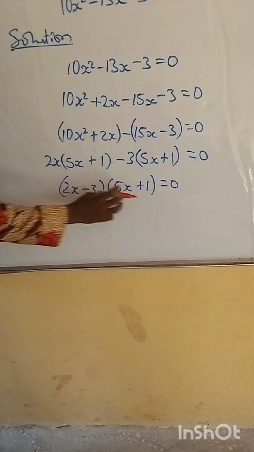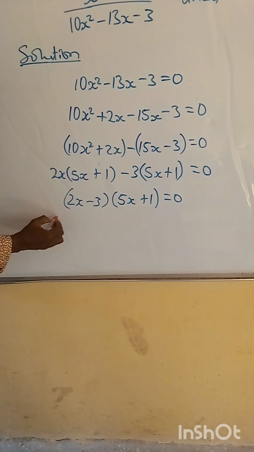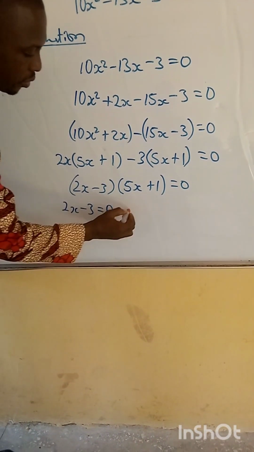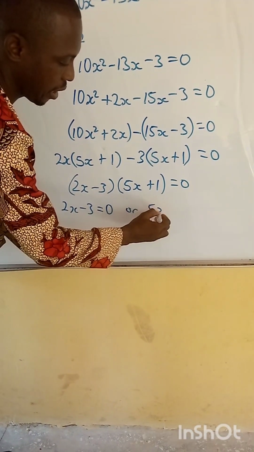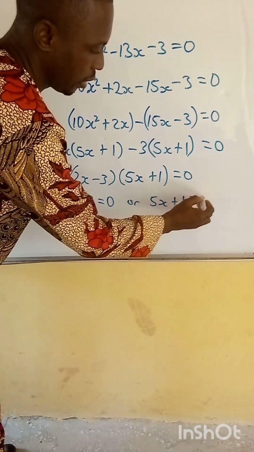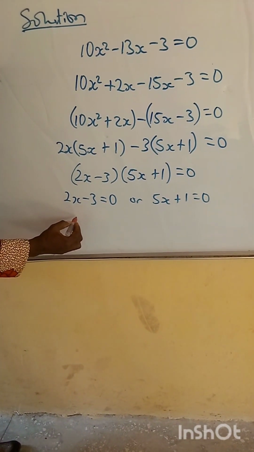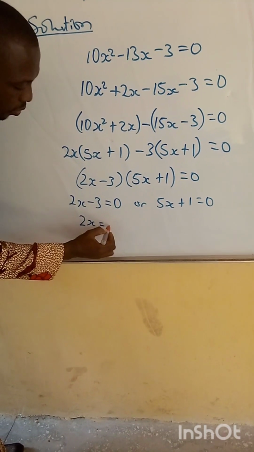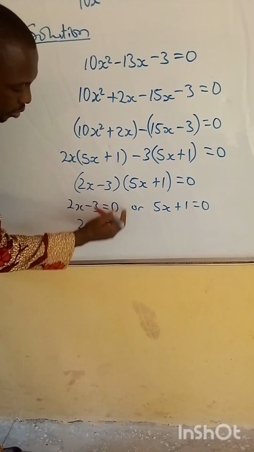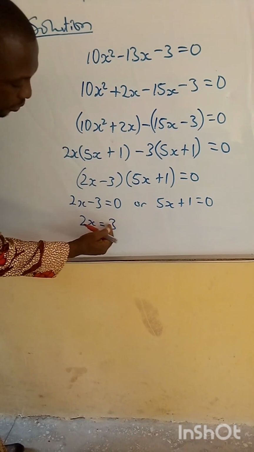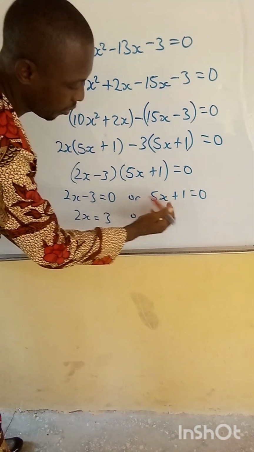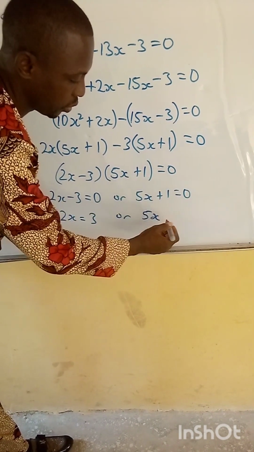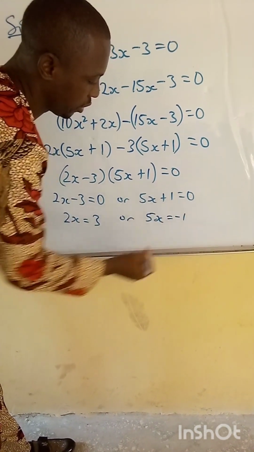Now, each bracket will be equal to 0, so we have 2x minus 3 equal to 0, or 5x plus 1 equal to 0. So this becomes 2x equal to plus 3, when 3 comes this way, its sign becomes plus, or 5x, the plus sign goes the other side, becomes minus 1.